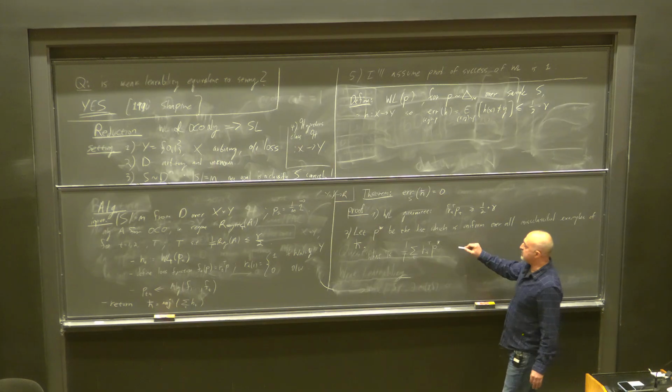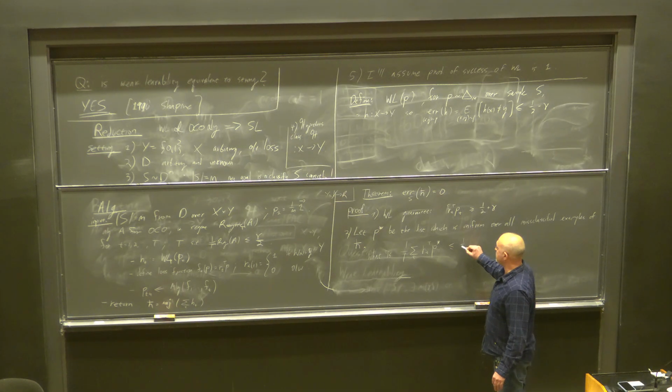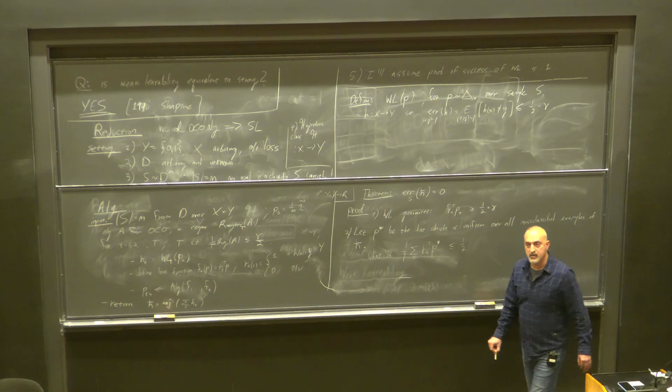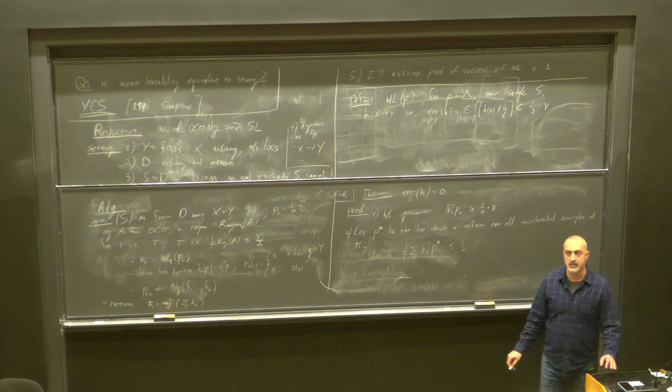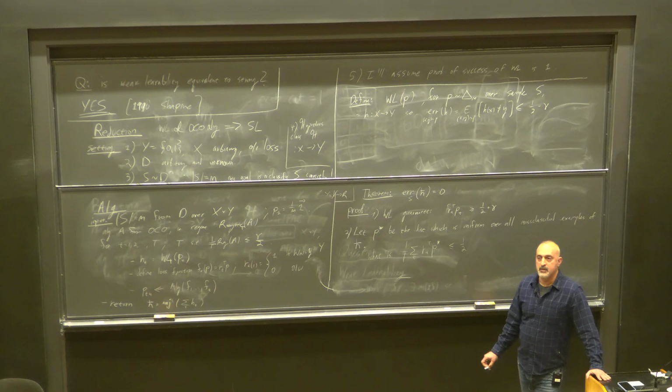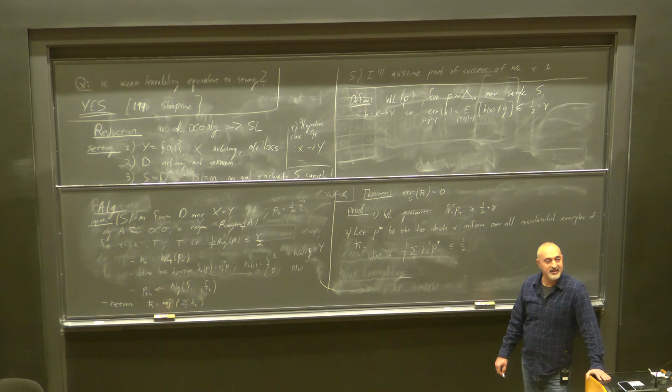So I claim it's at most 1/2. Why? Yeah, go ahead. I was just going to say at every time step, if you had fed it P star instead of P_t, it got all of the hypothesis ones wrong, which means the majority of those ones had to have been wrong.